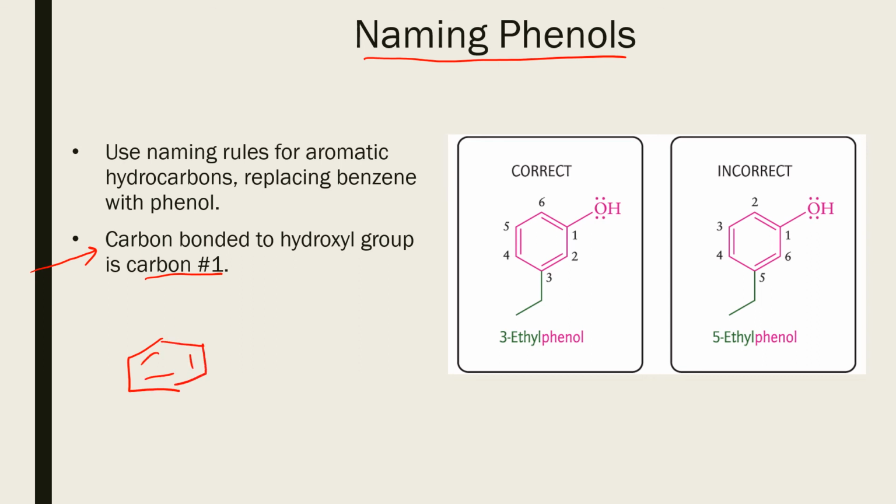if we have a phenol with additional substituents, when we name this phenol, we always give the carbon where the OH group is connected as carbon number 1, and then the other numbering is given according to the rules learned in nomenclature of aromatic compounds.